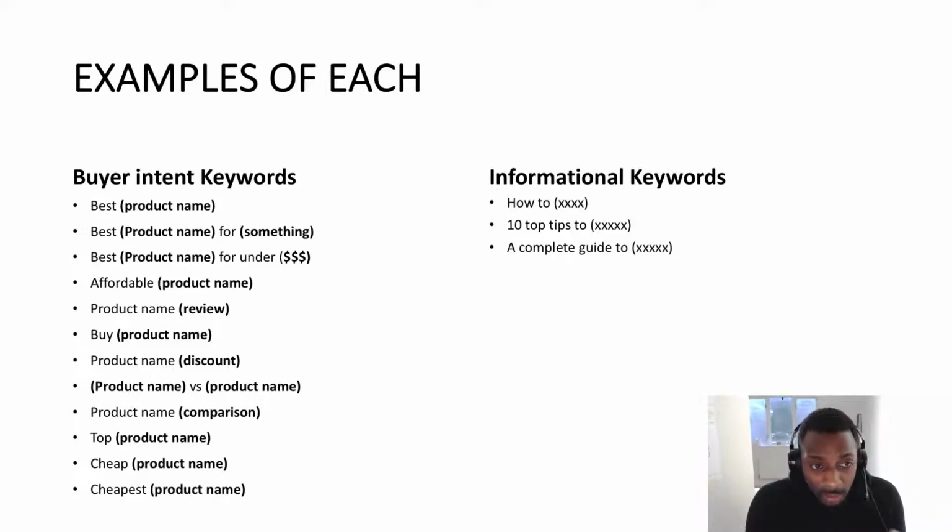So examples of each. Now, what we're going to talk about here is the buyer intent keywords examples, and then the informational. So you can see them. Now, when you actually see buyer intent keywords, they're usually the things when people are doing reviews, or best this or best that. So you can see all of these here, which is best product name or best product name for something.